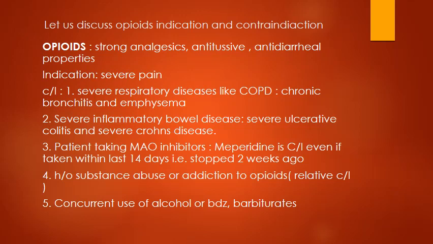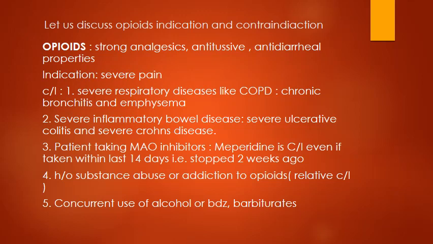So that is how this is respiratory trouble. And in case of emphysema, the alveoli, the air sacs, are damaged, which also causes shortness of breath, and because of which respiratory depression can happen. So in severe respiratory diseases like COPD, chronic bronchitis, emphysema, opioids are contraindicated.